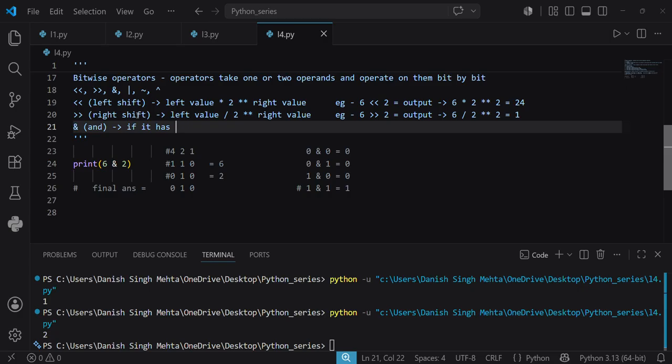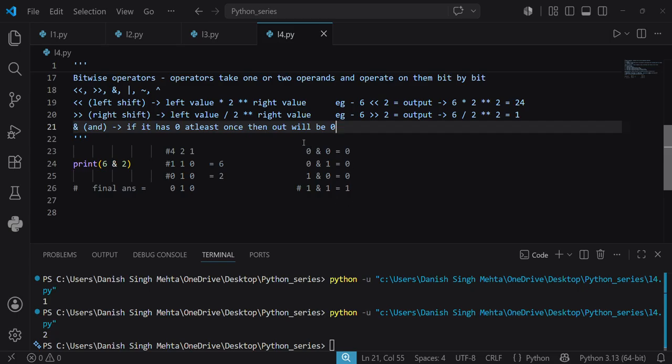If it has a 0, then the output will be 0. You can observe that 0 and 0 is 0, 0 and 1 is also 0, 1 and 0 is also 0. But when both are 1, then the output will become 1.